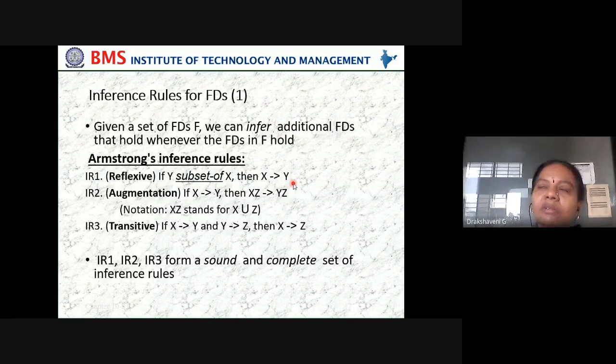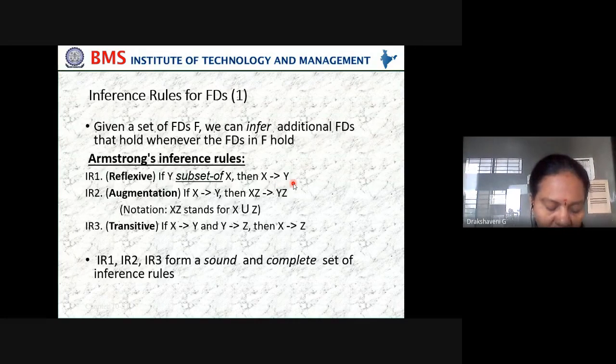So what is the first inference rule? What does the reflexive rule say to us? If Y is a subset of X, then X is functionally dependent on Y. That is reflexive. What does the second inference rule say to us? Augmentation.